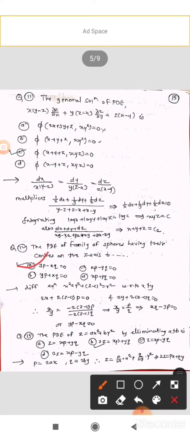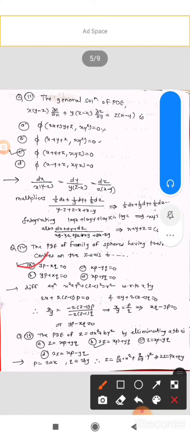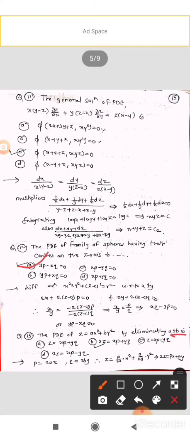In the same way, we can solve question number 13. The partial differential equation z is equal to ax square plus by square, by eliminating the arbitrary constants a and b. Now the equation is z is equal to ax square plus by square.